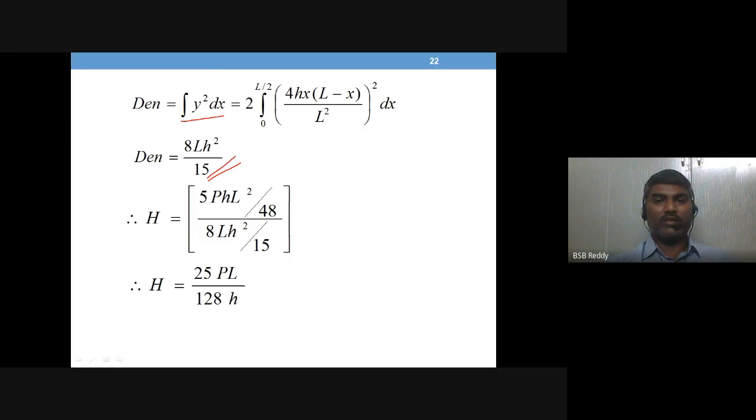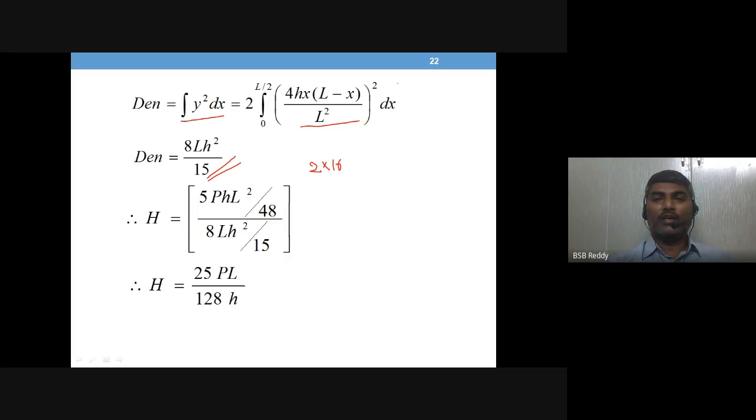Right. Now you see how we evaluate this y square dx. So replace for y. What is y? 4hx into L minus x divided by L square. Okay. So you have to square this entire term. So let's first split this into two terms, then we go for squaring it. So 4 square, 16.